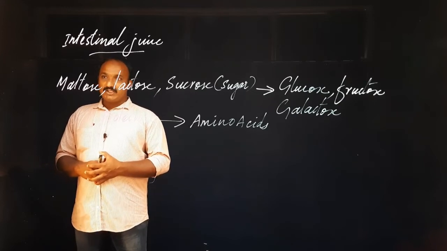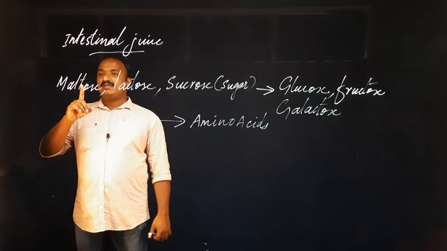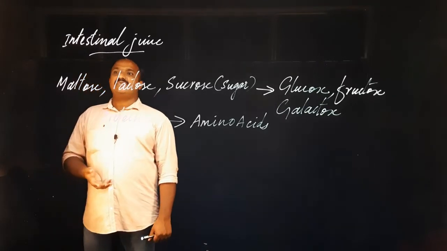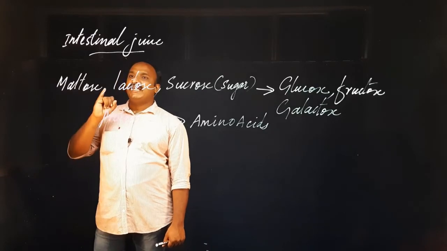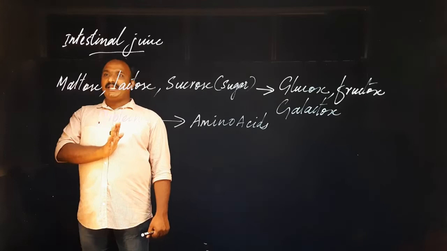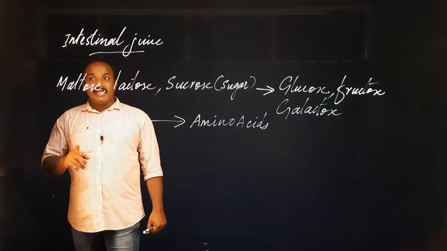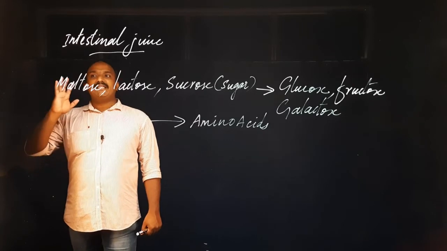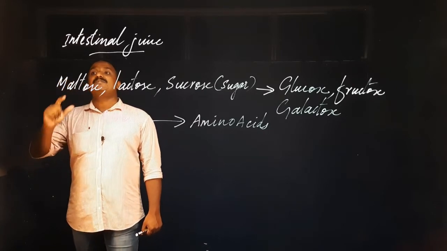Now I think this part is clear to you. First, the digestive actions take place from the duodenum. Then the digestive juices are provided by liver and pancreas. Liver produces bile, and pancreas produces pancreatic amylase, pancreatic lipase and trypsin.